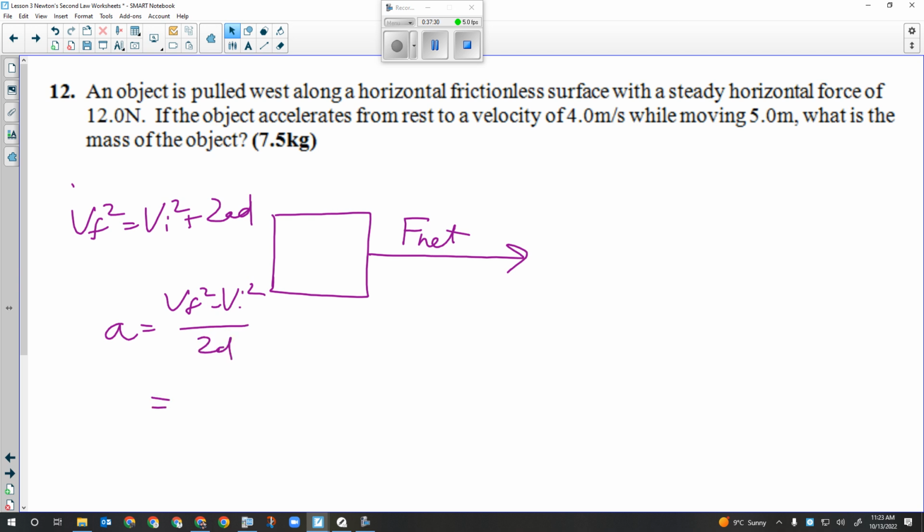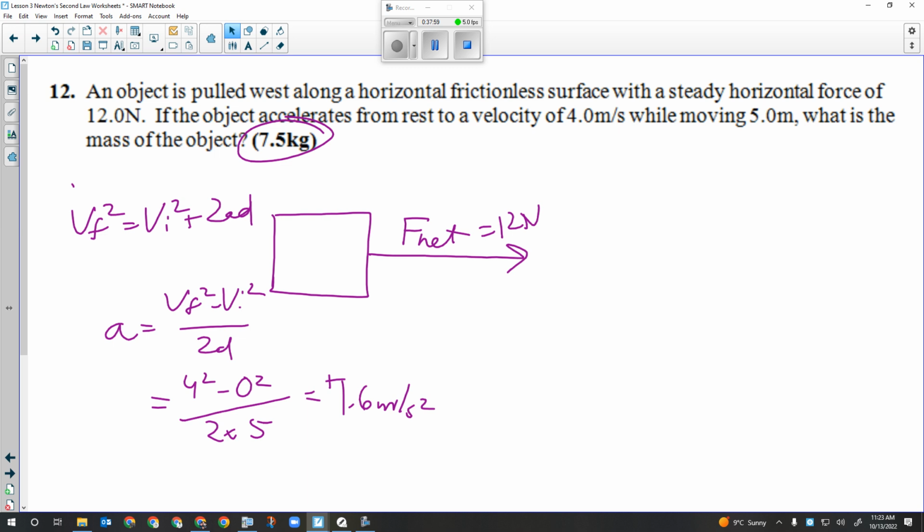For this question, that will be 4 squared minus 0 squared divided by 2 times 5. So 16 divided by 10 should give me 1.6 meters per second squared, and that would be positive or forwards. And then I just have to divide the 12 newtons by that. So 12 divided by 1.6 should give me 7.5 kilograms.